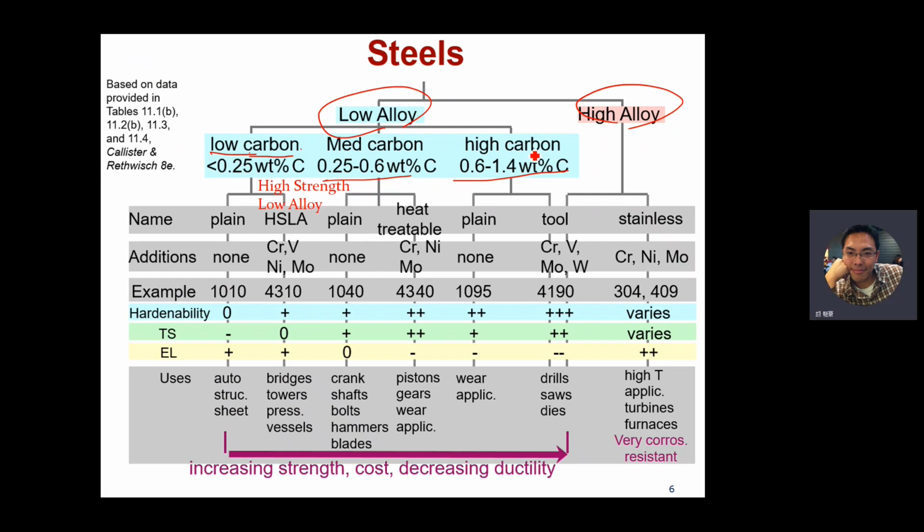The plain carbon steel is without any alloying element, for example steel 1010.